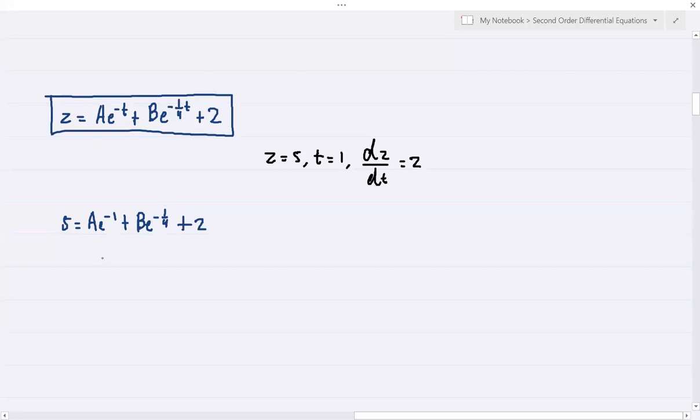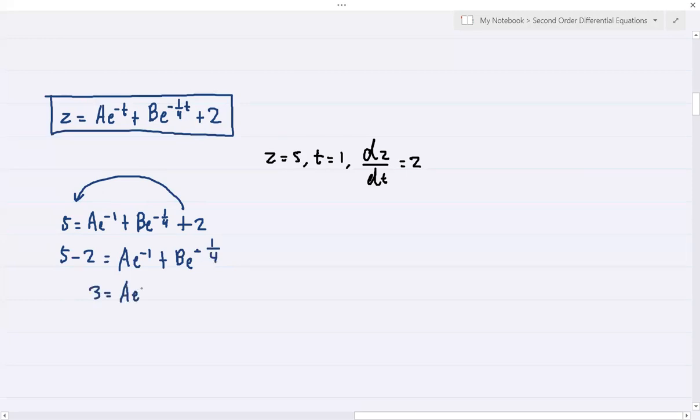Okay? So now pick which one would you like to find. So for me, I will still find my B. So I'll transpose 2 on the left. I will have 5 minus 2 is equal to AE raised to negative 1 plus BE raised to negative 1/4. So I will have 3.